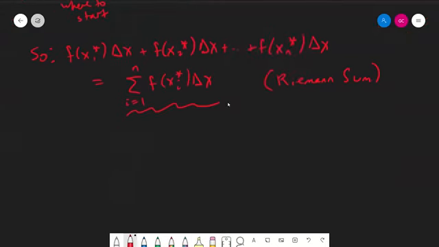Okay, so the upshot then of all of this is that the area under f of x is equal to the limit as n goes to infinity of the sum from i equals 1 to n of f of xi star delta x. Now this is kind of a scary piece of notation here, but the idea is really simple.